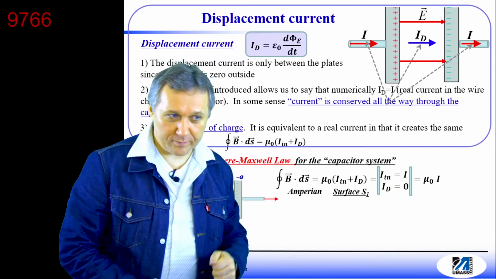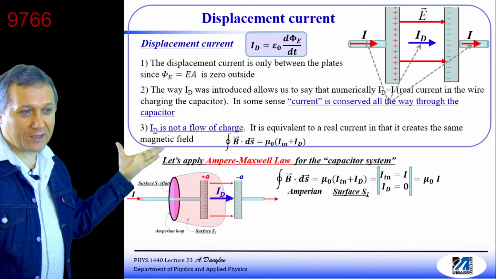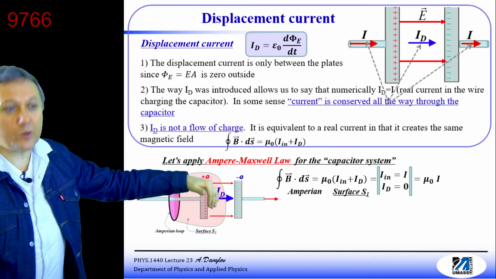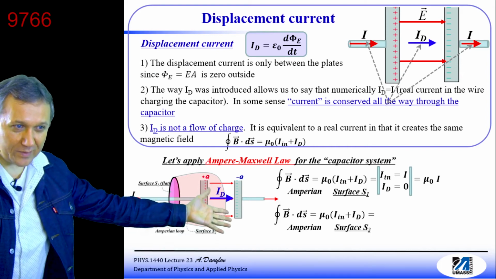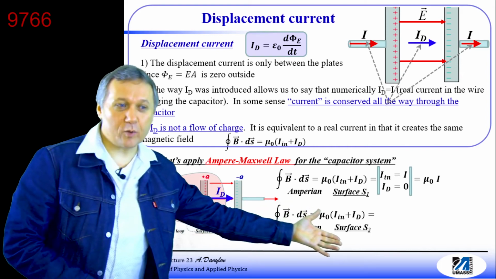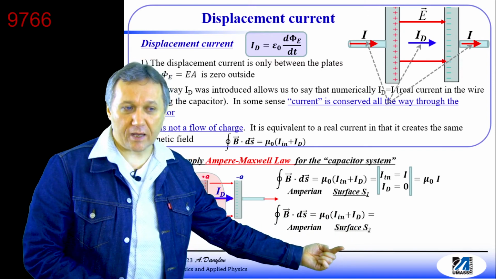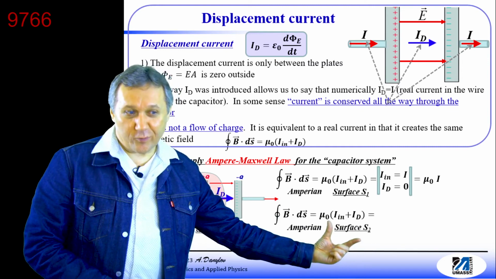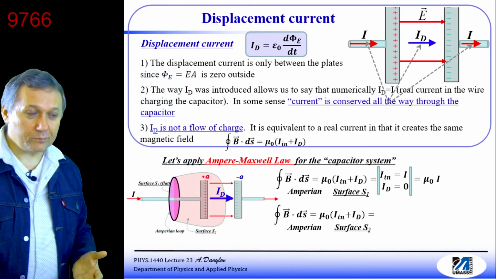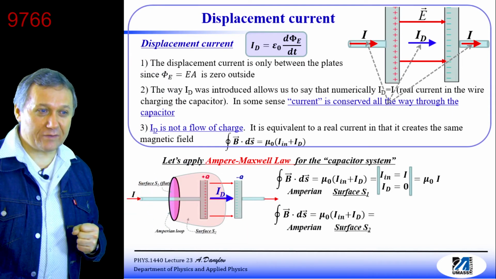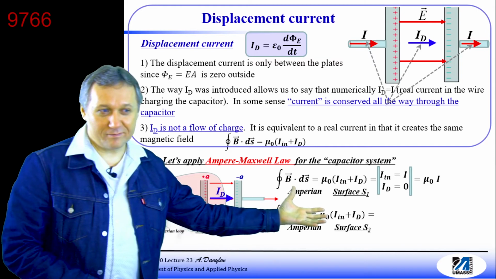Okay, that's your surface. Now Maxwell's surface, which he picked, goes between the plates of the capacitor. Exactly the same Ampere's law: mu naught I enclosed plus I D, but now we use surface S2 to find the value of I enclosed and I D. So what's the value of I enclosed, the actual current?